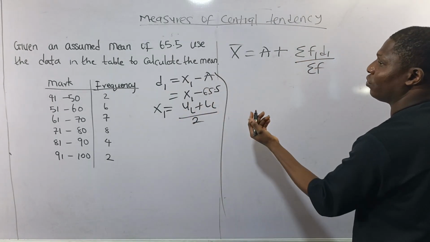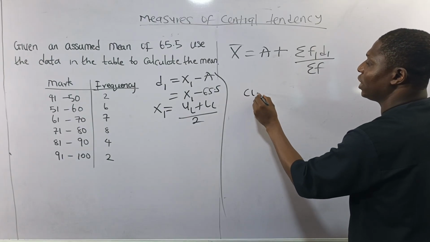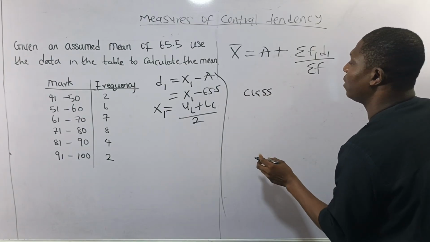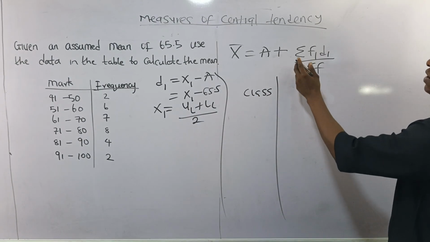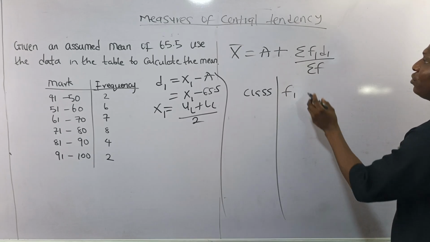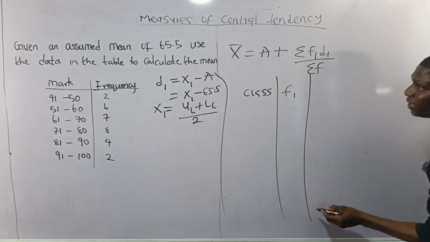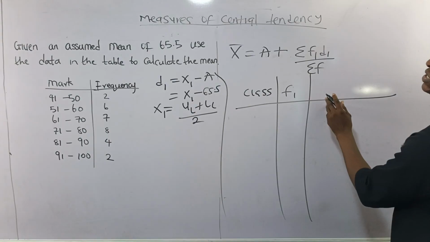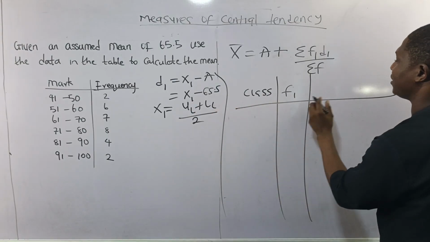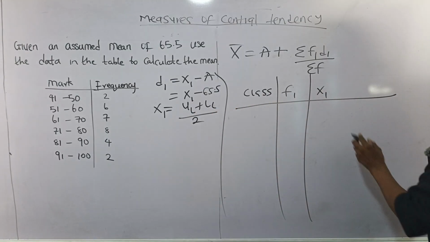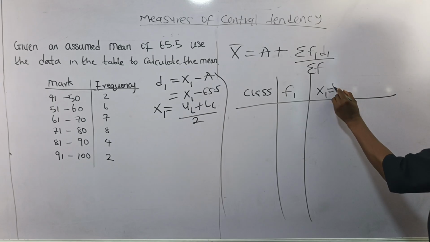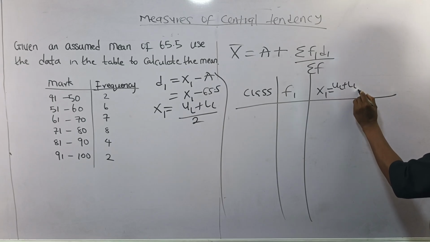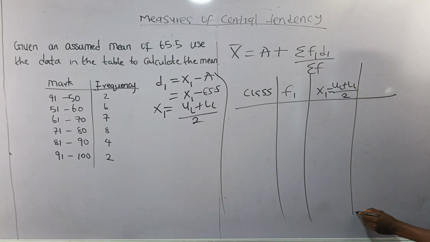Our marks were given in groups, so we have what? Class. After class, we can have our what? F subscript 1, which is individual what? Frequency. After that, we can have our X subscript 1, which is equal to what? Upper limit plus what? Lower limit, all divided by what? 2.